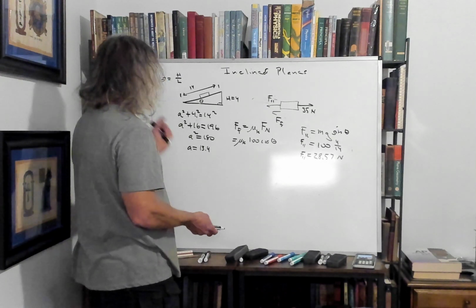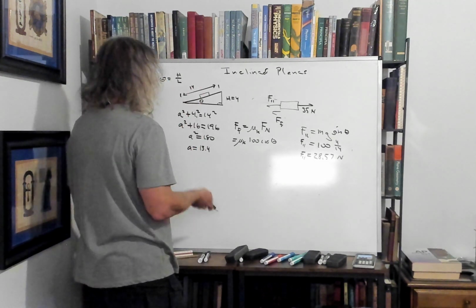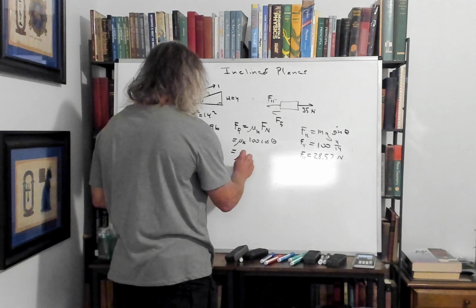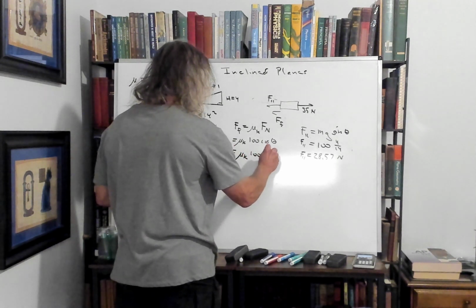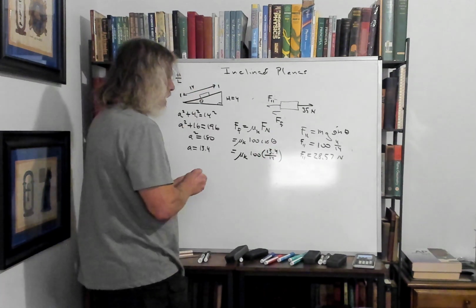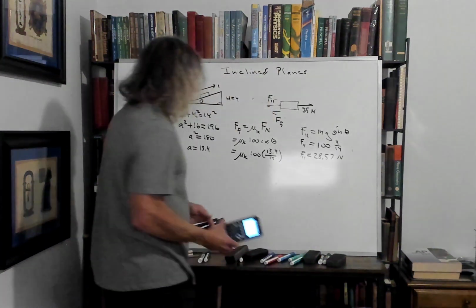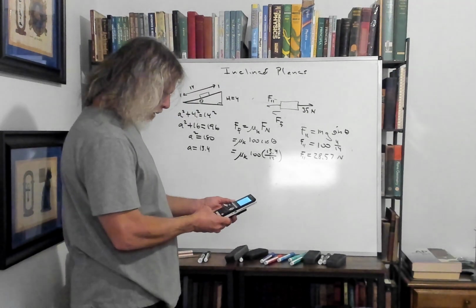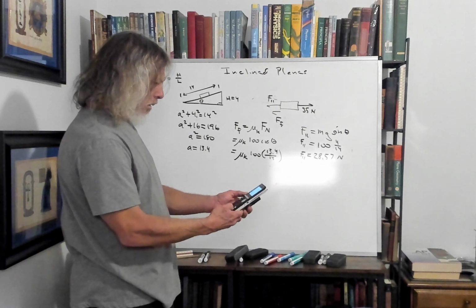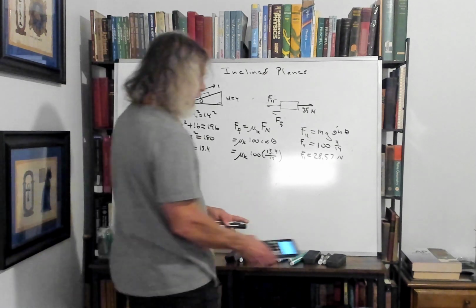And so cosine is adjacent over hypotenuse. So this will be 100 times 13.4 over 14. So 1340 divided by 14, enter. 95.7.